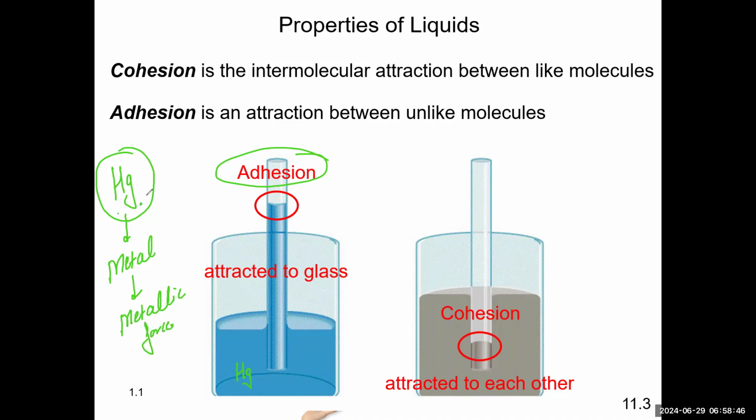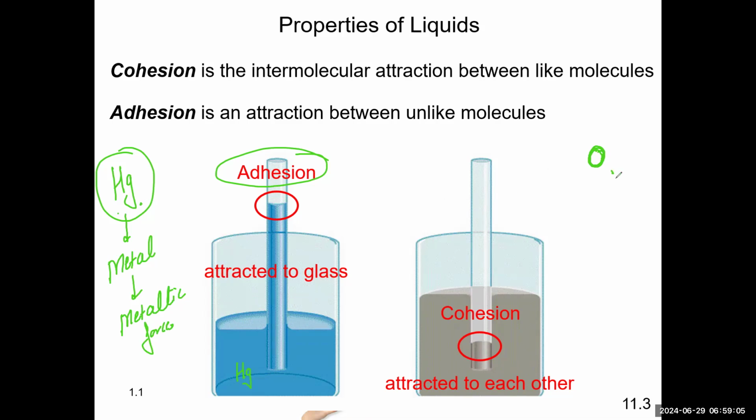Mercury, you put a drop of mercury on the floor. What happens? Check it. There are videos on it. So when mercury is falling on the floor, it acquires the shape of a sphere. It doesn't spread because its IMFs are the strongest. It's not IMF.